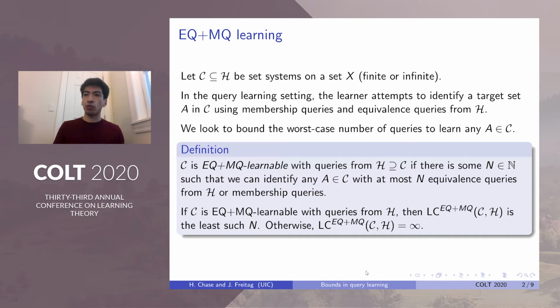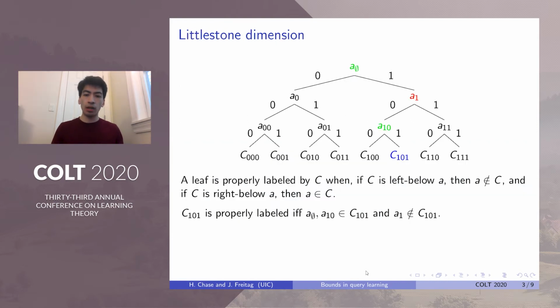And we will let LC EQ plus MQ denote this best upper bound. So we're looking to identify some quantities that allow us to bound the worst case number of queries.